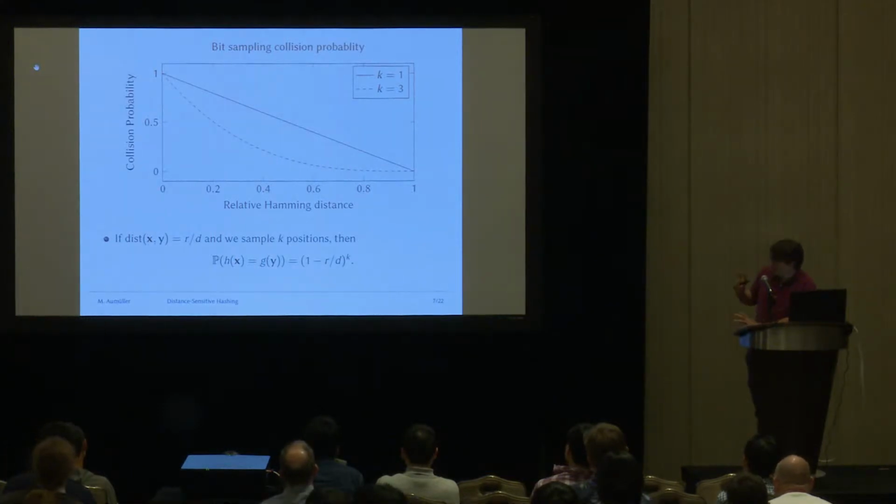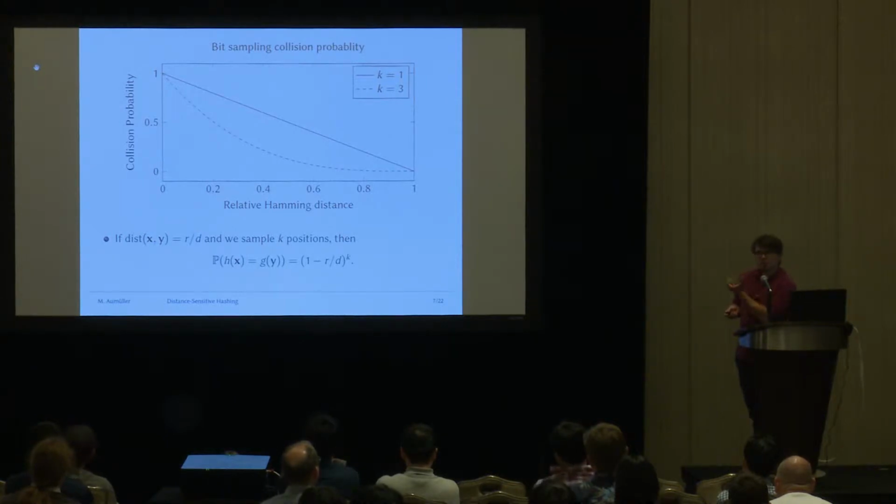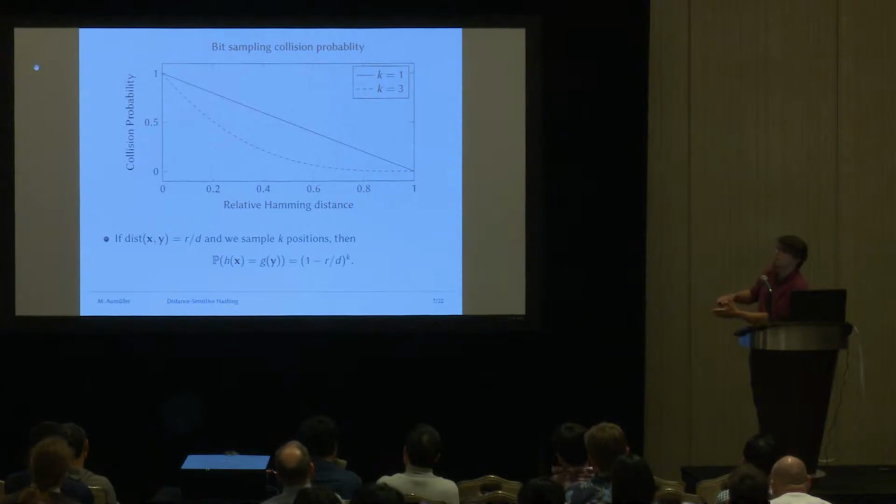Now, if we look at the distance, if two points differ in r positions, then the distance is r over d. If we want them to collide, then each of the dimensions that we sample has to be one dimension where they don't differ, where they have the same input. So the probability that they collide: there's a fraction of 1 minus r over d points, and we sample k dimensions independently.